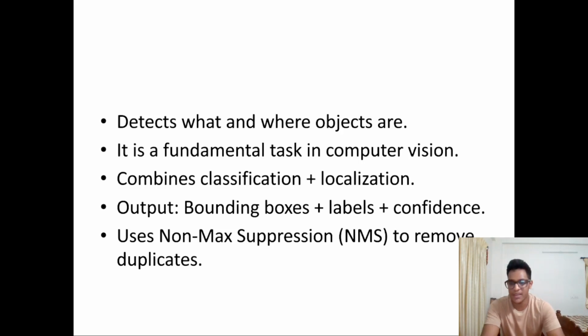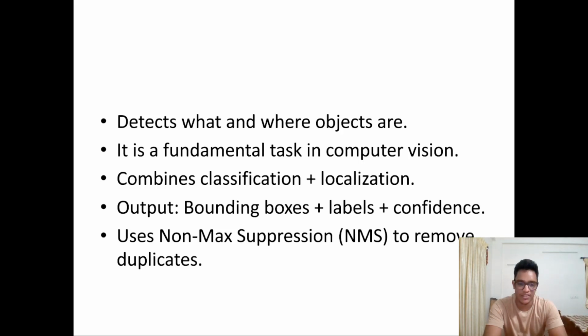We use non-max suppression to remove the duplicates that are present in the image. What it actually means is that when we implement the algorithm, there is a chance of bounding boxes being duplicated around an object, just to detect what that object is.